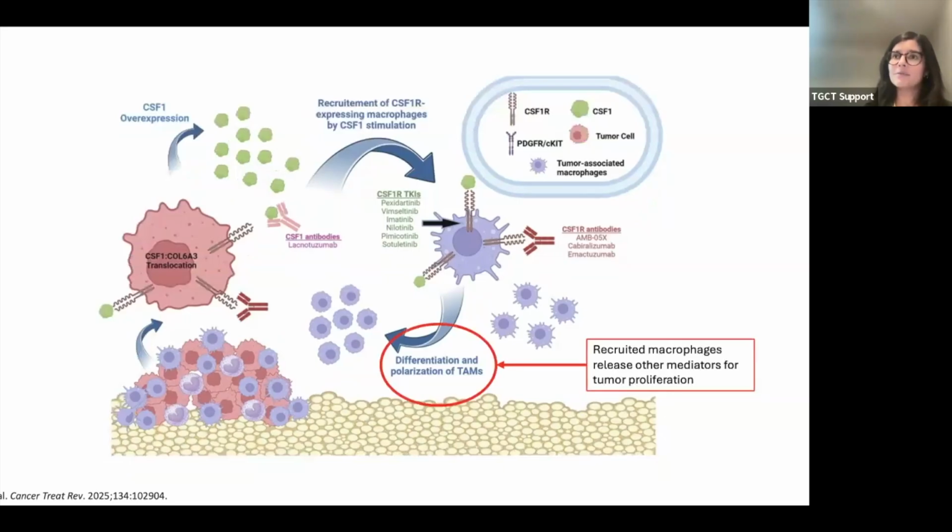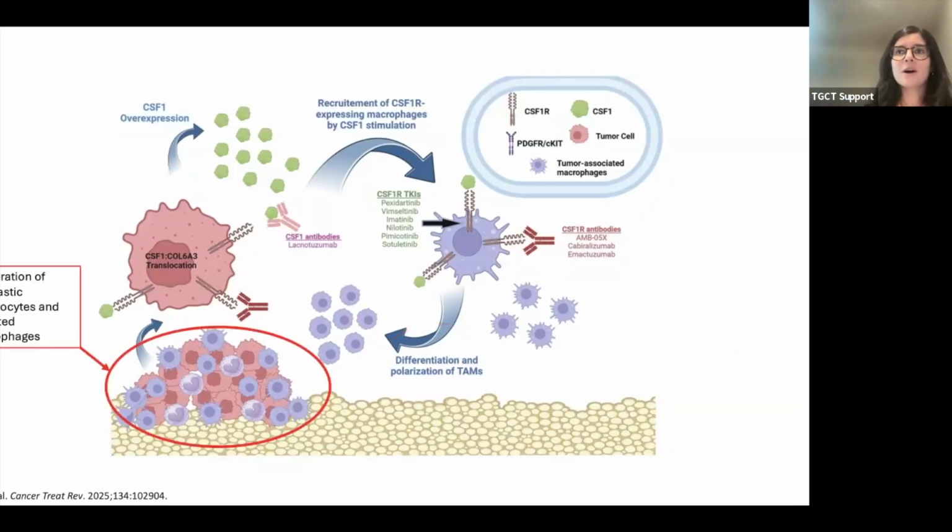So once the CSF1 is bound, those macrophages are recruited, and then they start feeding into the disease process by releasing additional mediators. And in the next lecture, once you start talking about various targets, you'll see that some of the mediators that the macrophages themselves release can also be targeted as a potential therapeutic mechanism.